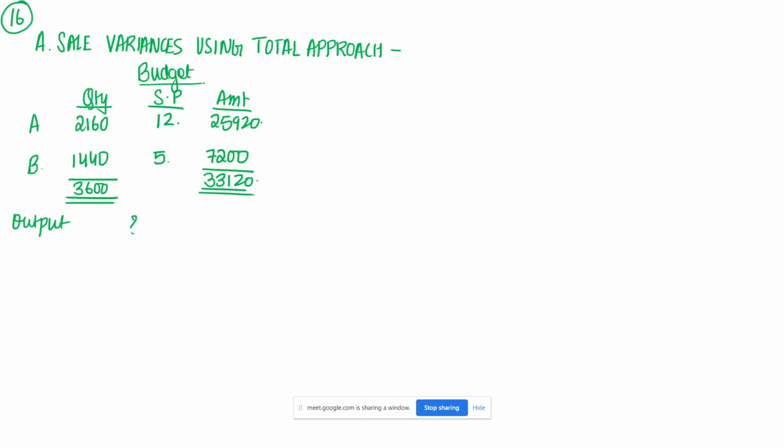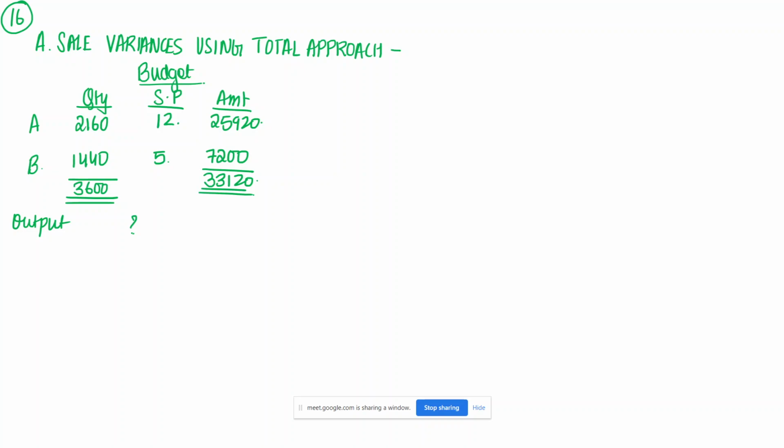They have not told us any output. What should I write as the output here? Isn't the quantity that we have written itself the output?